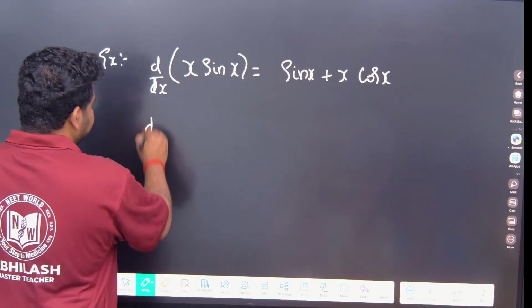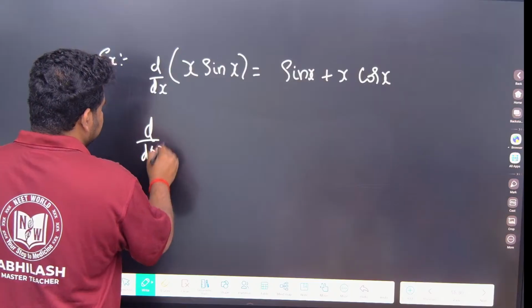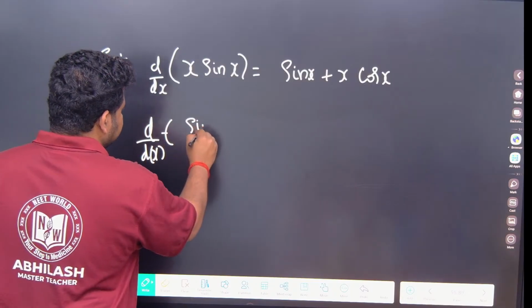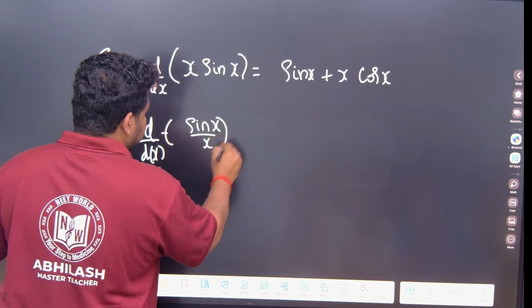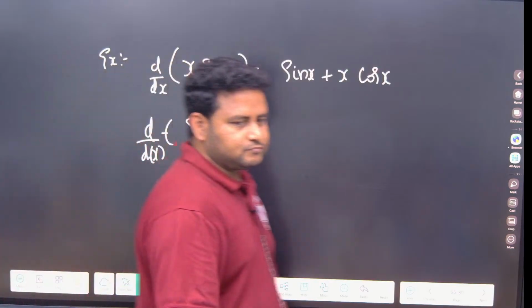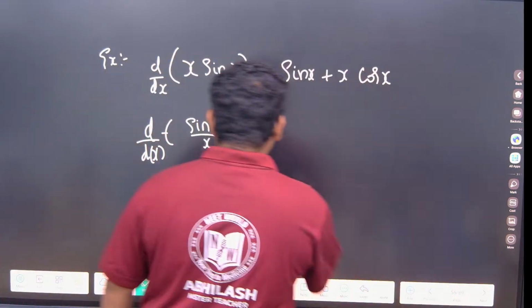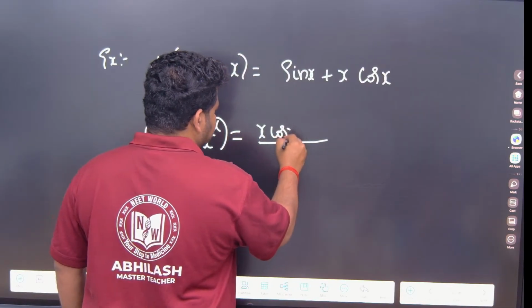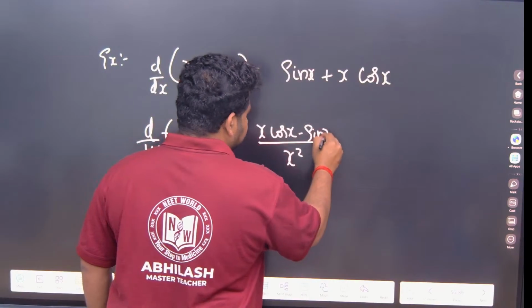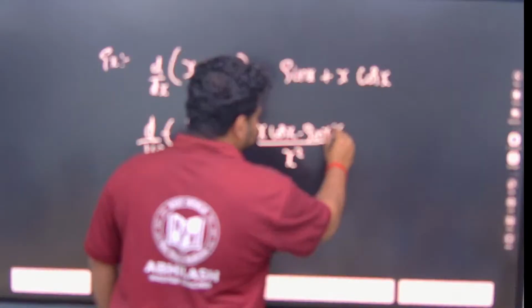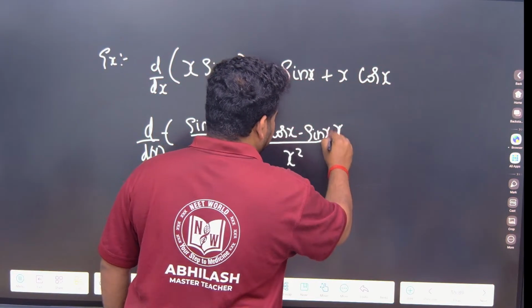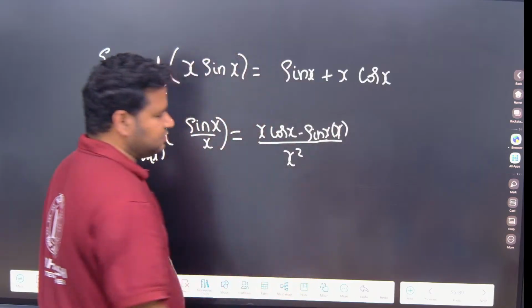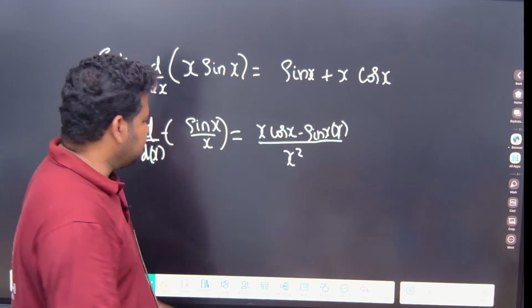Now, if I say d by dx of sin x by x, what should we do? I should write x square in the denominator, then x into cos x minus sin x into differential of x, which is 1. This is one thing.